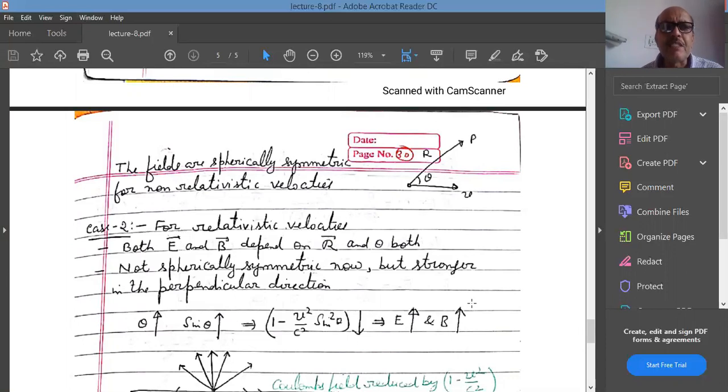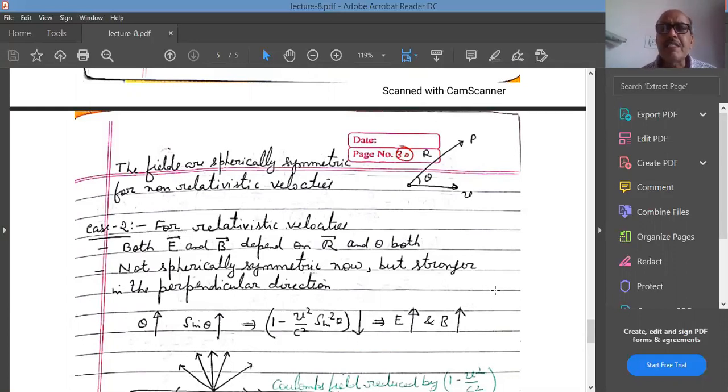You can see from this expression that when theta is equal to 90 degrees, it is 1 minus v square upon c square. And if v is also equal to c, this term corresponding to theta equal to 90 degrees is basically 0. So 0 means both the electric field and the magnetic field become infinity.